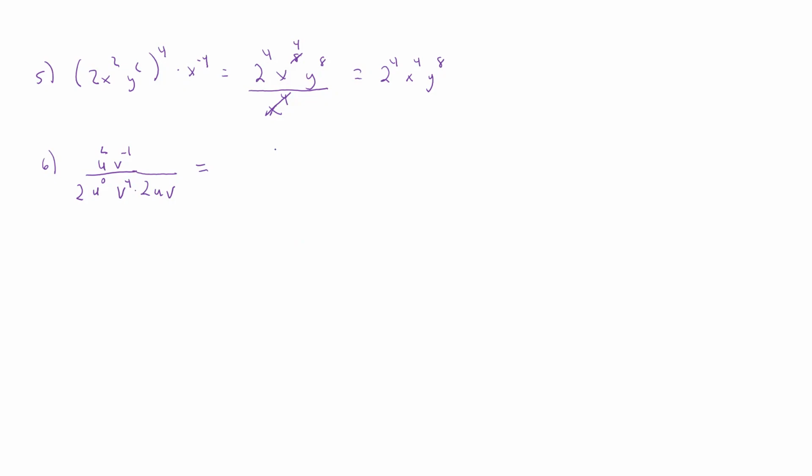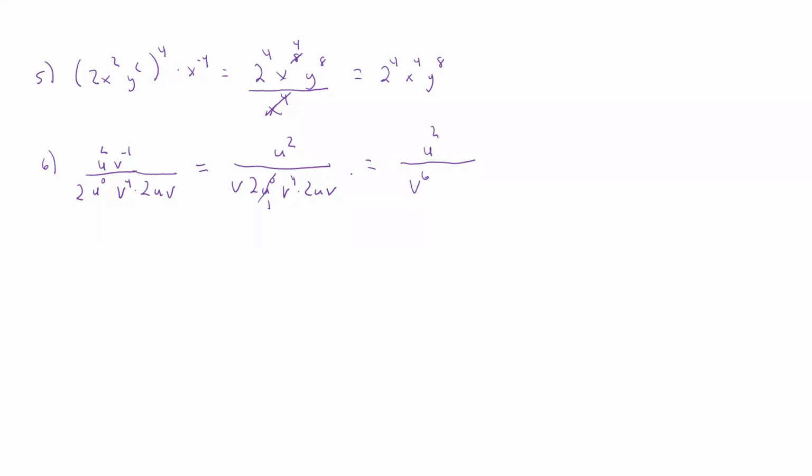So we have u squared over, now I take that v down and it's to the 1 power, and then I have 2u to the 0 v to the 4 times 2uv. Okay, well remember, anything to the 0 is just 1, so that's 1. Now I've got 1 v here, 4 v's here, so that's 5, plus 1 more v, so that's 6. So the denominator is v to the 6th.